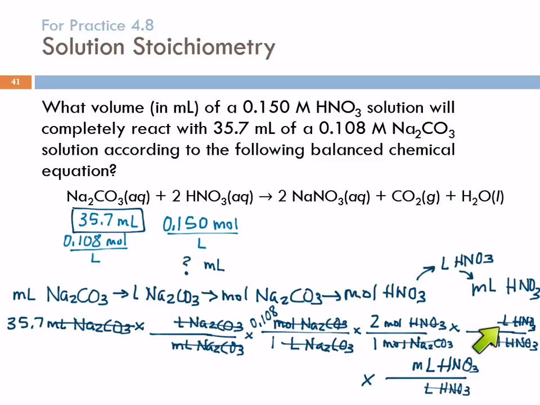At the other end here, liters of nitric acid in moles, that's the concentration that was given here. 0.150 moles for every liter. So for every 1 liter, I've got 0.150 moles of HNO3. Any questions? It's getting kind of small up there, I'm sorry.